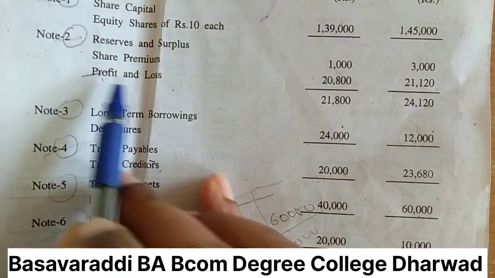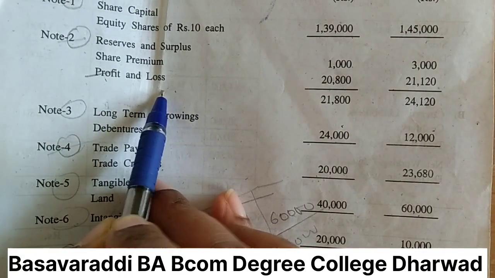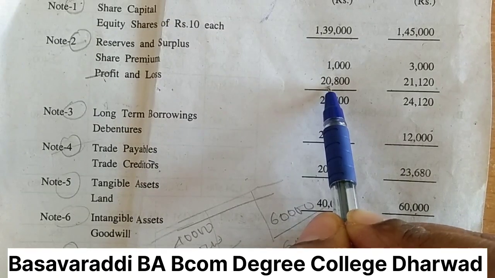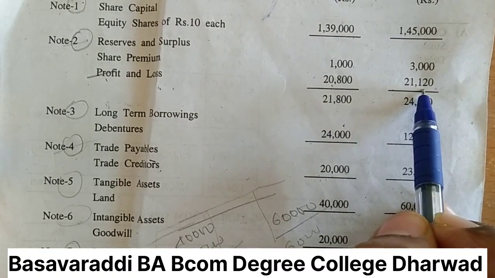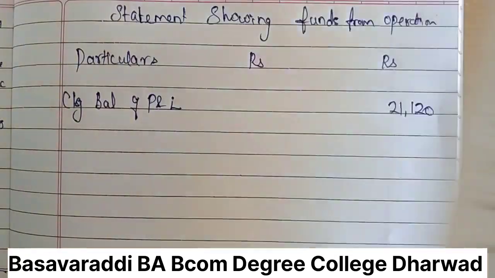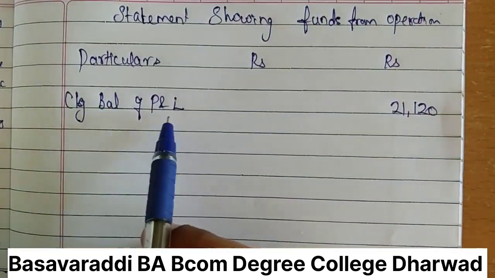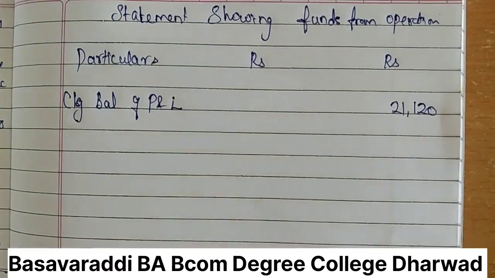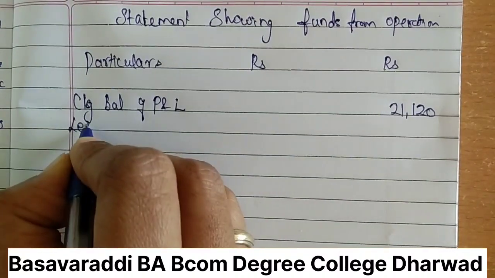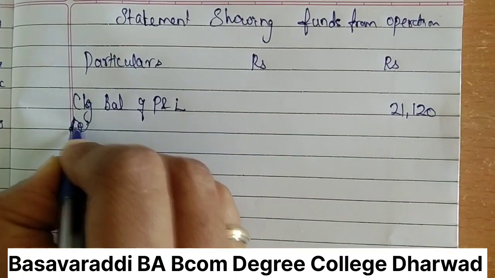See here, the profit and loss account they gave, this one is considered as the opening profit and loss account, this one is considered as the closing profit and loss account. So closing balance of profit and loss account 21,120.